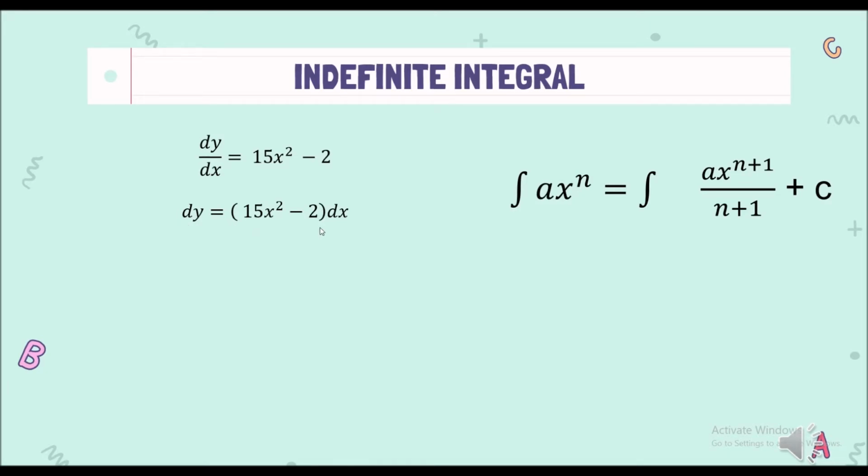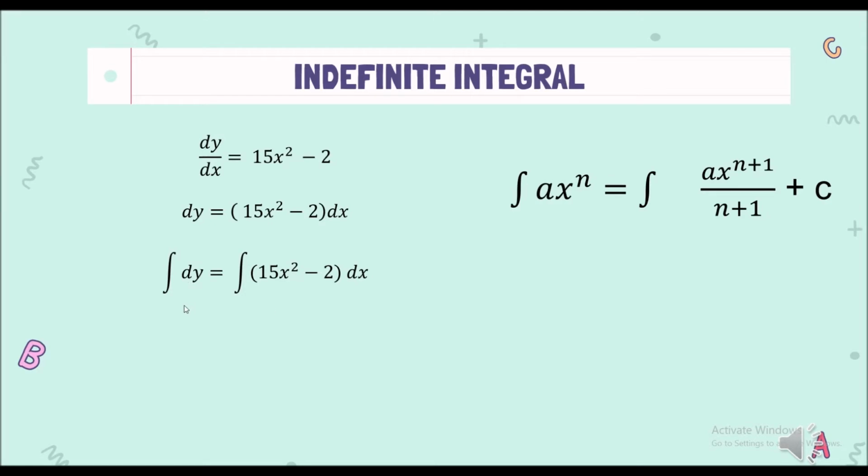Before that, I want to give a basic formula for the indefinite integral: the integral of ax to the power of n equals ax to the power of n plus 1 over n plus 1, plus c. C is the constant of integration. So back to the equation.